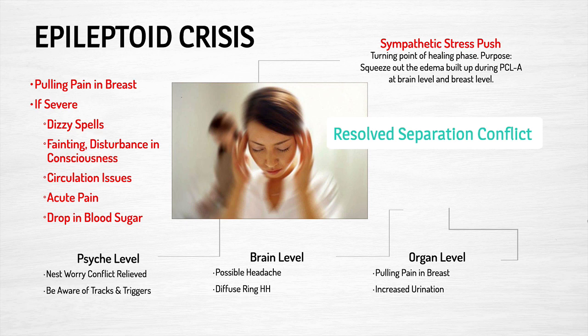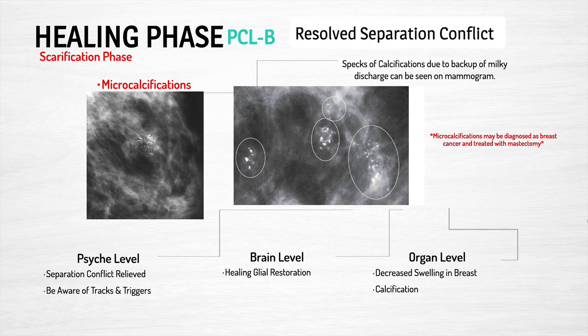And if you know what to expect, if you are aware of the process and you know where you are, and you get a little dizzy, aren't feeling all there, and you get really hungry all of a sudden, you're like, oh my goodness, must be the epileptoid crisis, that turning point. And then you look for increased urination, because there's always increased urination after this crisis because we're removing fluid from the body. So this is what happens in the second phase of healing.